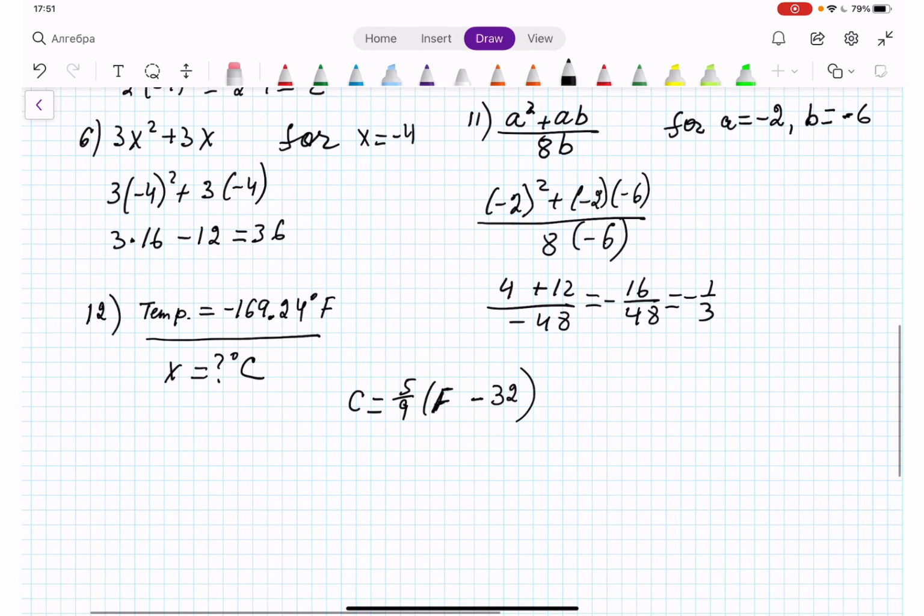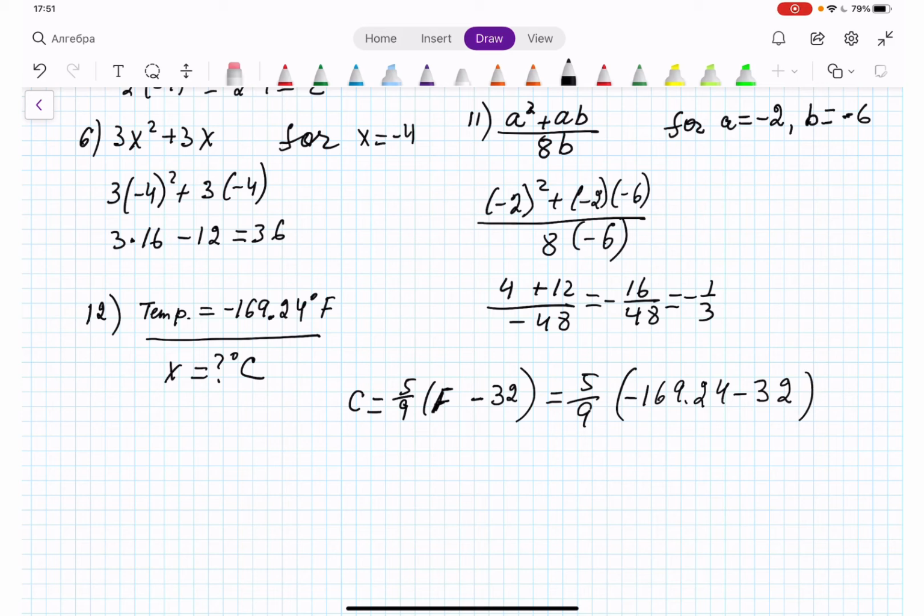Okay. This is equal negative 169.24 minus 32.